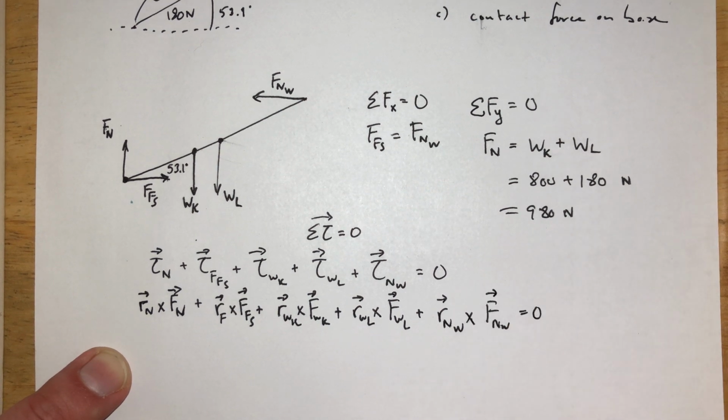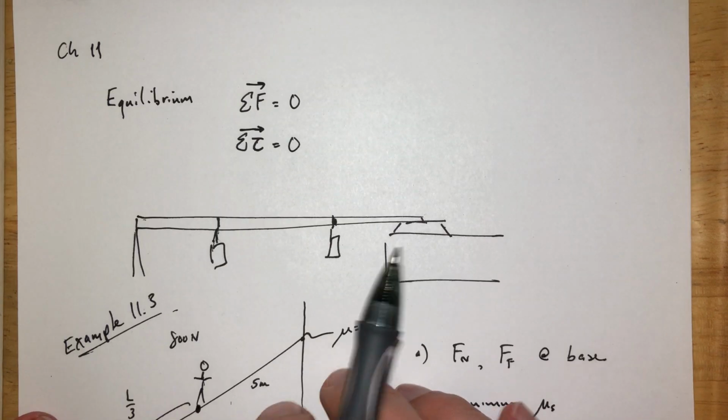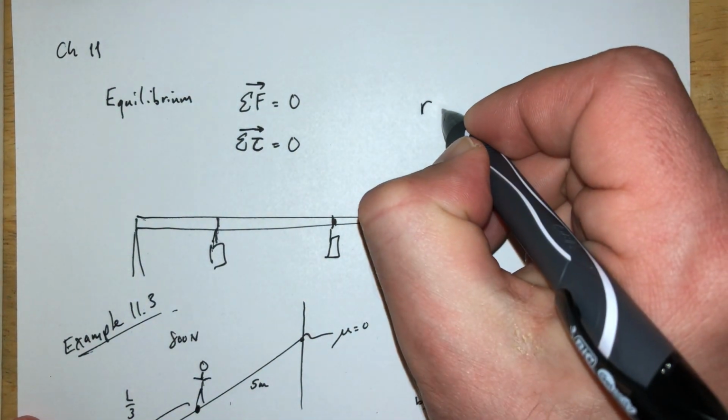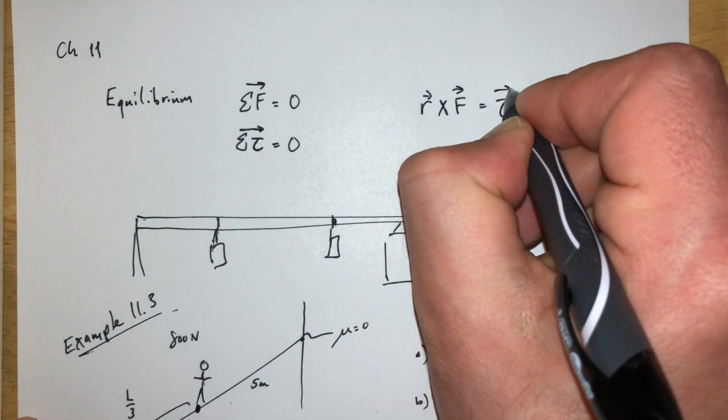And again, we're just using the definition we developed on Tuesday, R cross F equals torque.